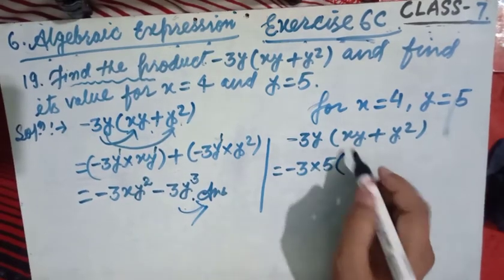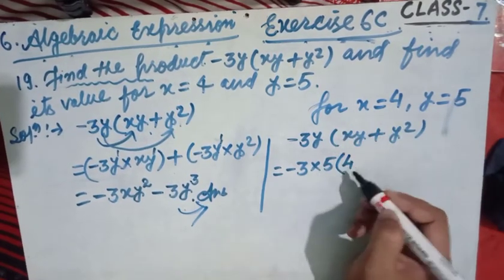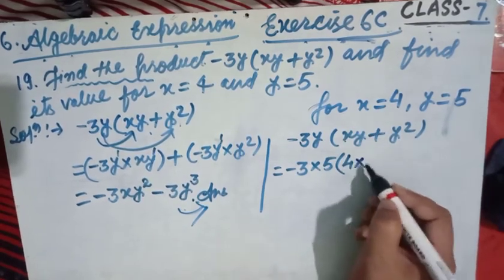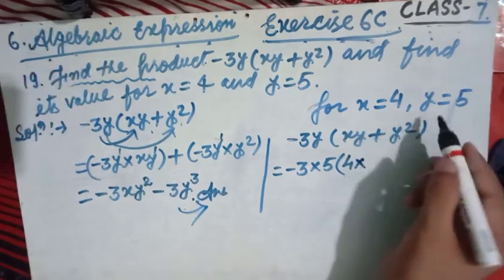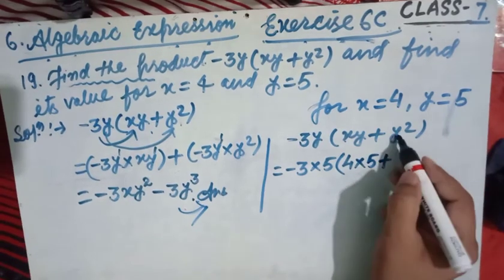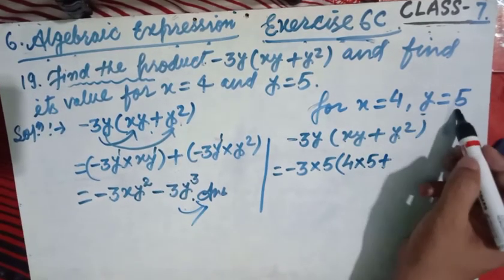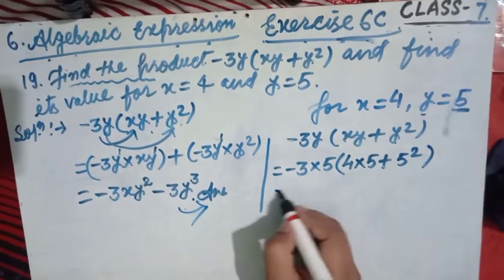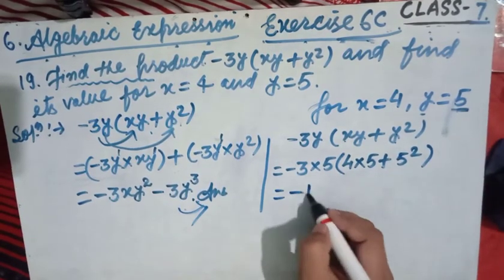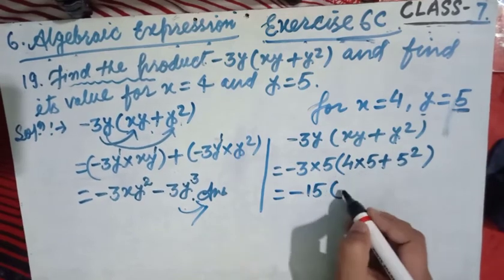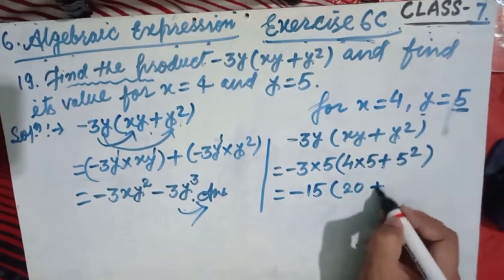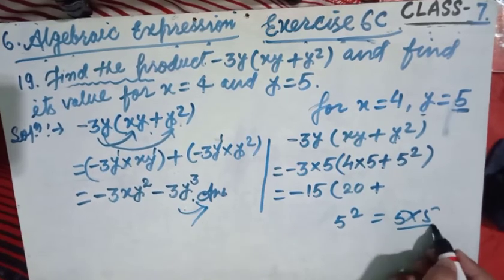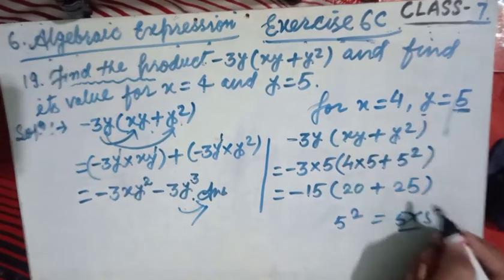Now x is equal to 4, so instead of x place 4, multiplied by y, and y is 5. Okay, here is the plus y², where there is y there is 5, and the square. Now this is minus 5 threes are 15, now this is 5 fours are 20. Now plus 5 squared, 5 squared means 5 times 5, 5 fives are 25, write down here 25.